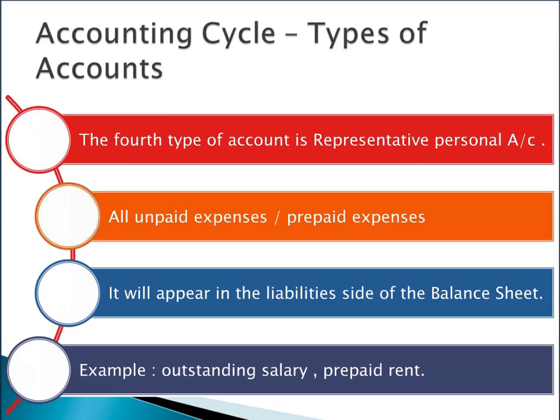We have paid rent in advance to the landlord, as though the landlord is now a debtor to us. So rent itself is a nominal account, but rent paid in advance is a representative account. You shouldn't get confused. Salary, wages are of course nominal accounts, but unpaid salary, unpaid wages are representative personal accounts.